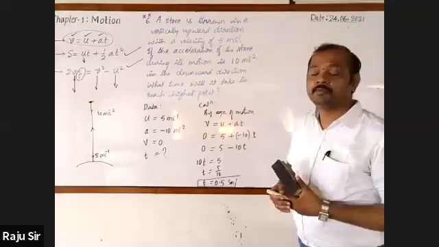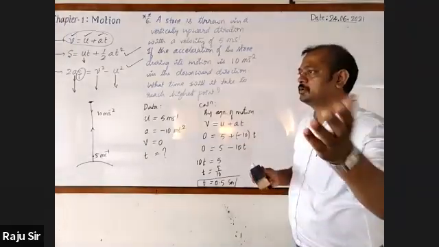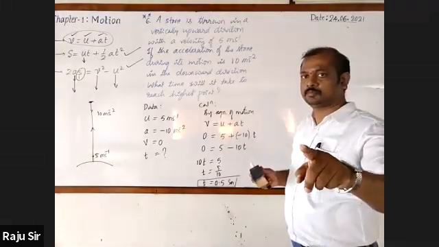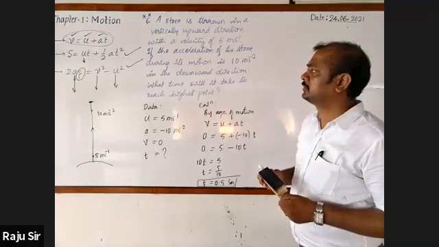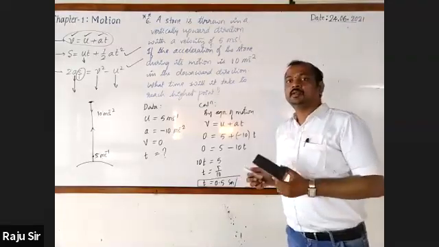Sir, we can use t is equal to v minus u by a. Pardon me? Once again, tell me. Sir, we can use t is equal to v minus u by a, the acceleration formula.